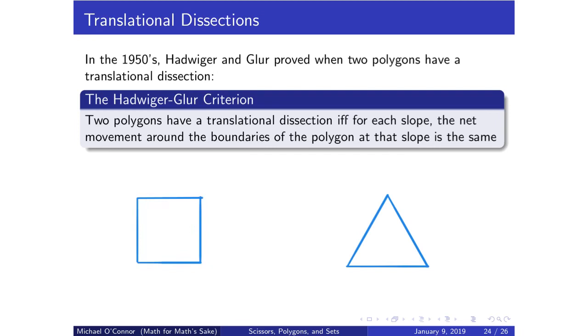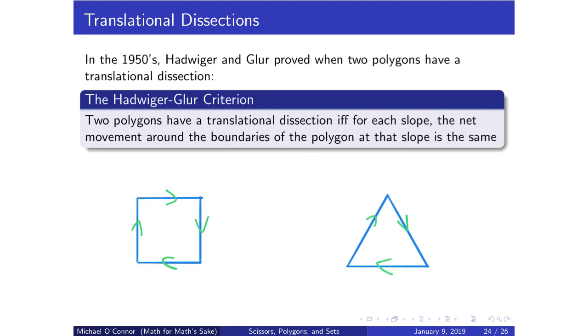And so what this means is, suppose that we want to find a way to dissect this into this that doesn't involve rotations. Well, what you have to do is you first walk around each polygon. Suppose we're walking around clockwise, both of them. It actually doesn't matter which way you go around as long as you go around in some consistent way.